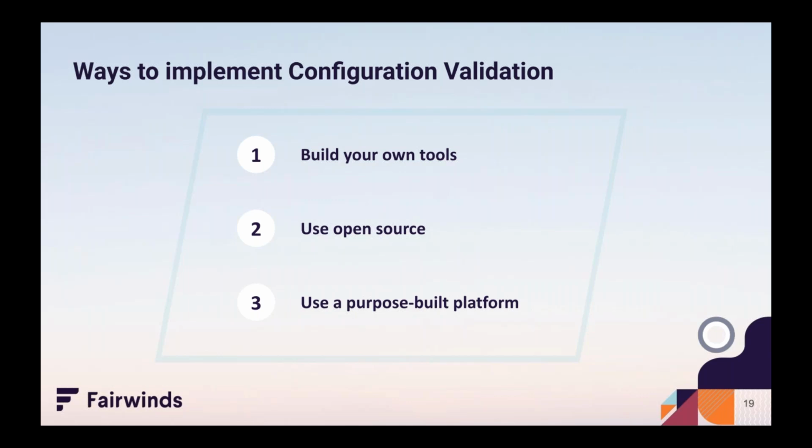And so the open source option is another great path to go down. We're talking about containers and deployments and cluster security. So there's actually a variety of tools that map into those different technical areas. And the third option is using a purpose-built platform, a platform designed for Kubernetes configuration validation that allows you to automate this and be able to integrate it into the systems that you use every day.